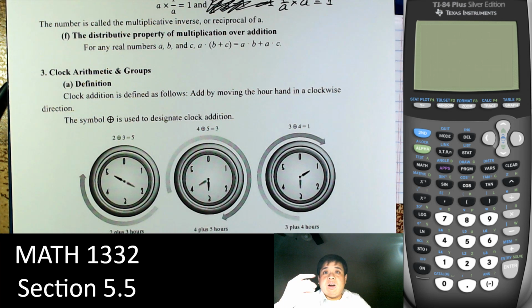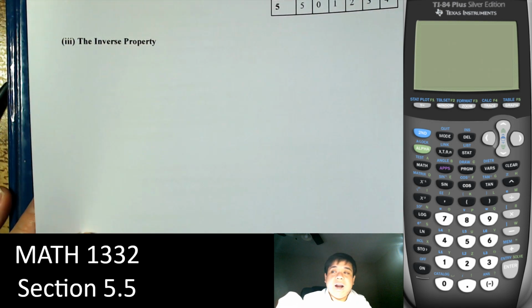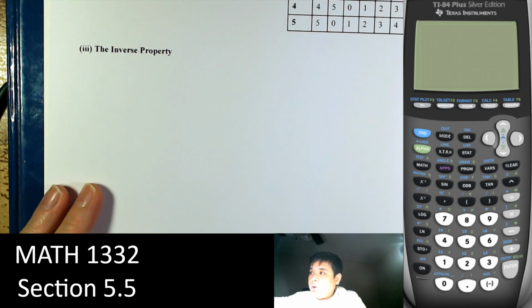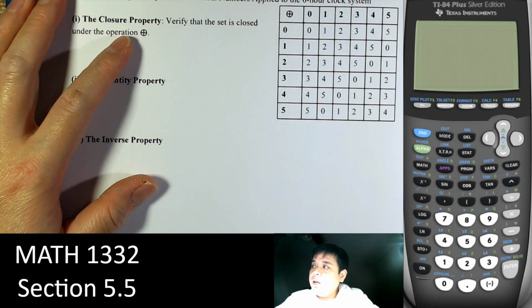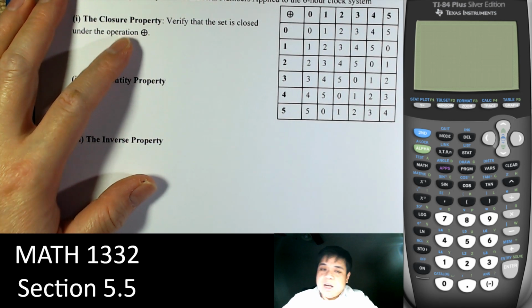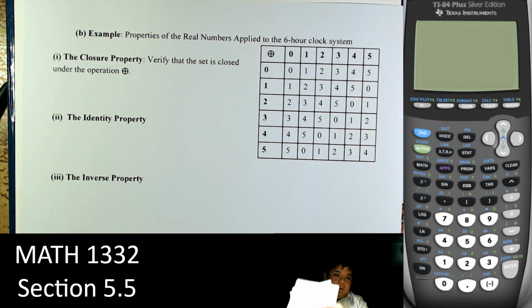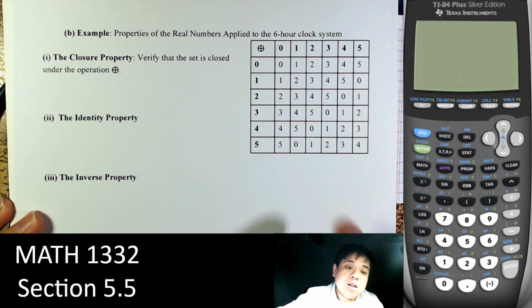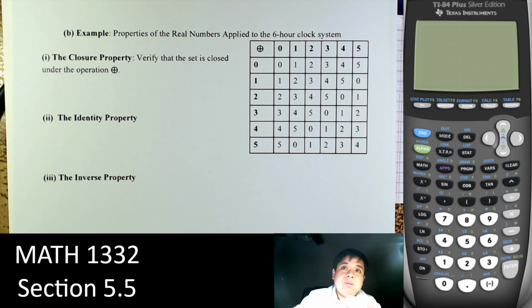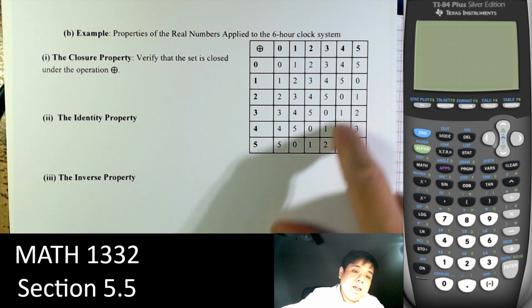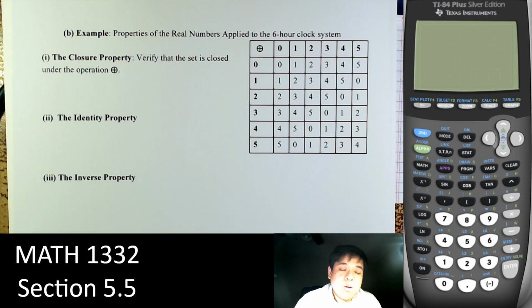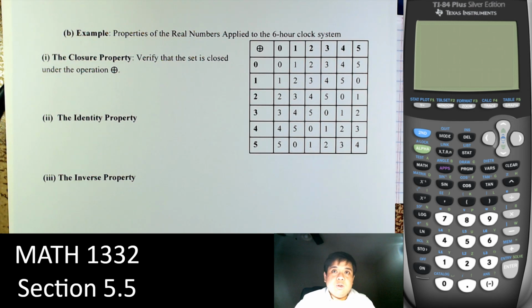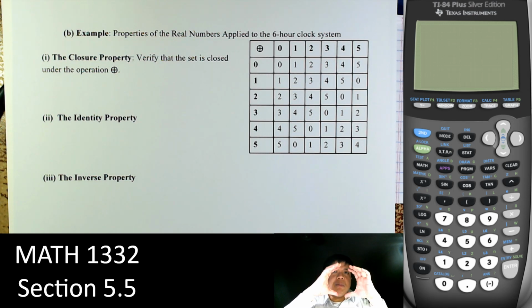So in the clock, when we add, we just keep going round and round, going back. And we define that operation. We make it into a table like this. So verify that it is closed under addition. Now it takes a lot of time, but if you take any two numbers, we add them, it will be inside. It's still inside the clock. So it doesn't matter how many numbers we have in the clock.